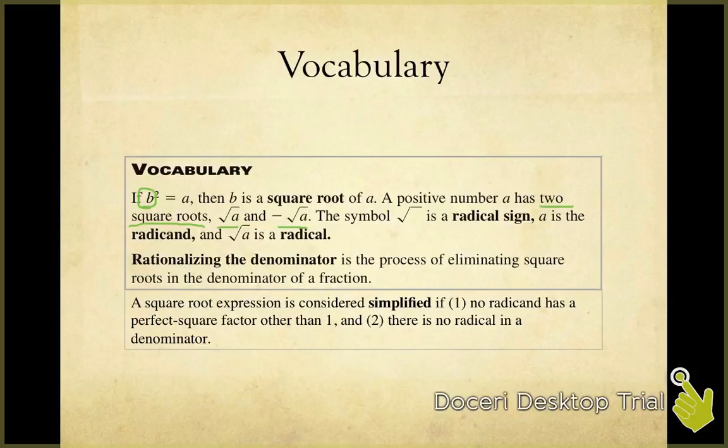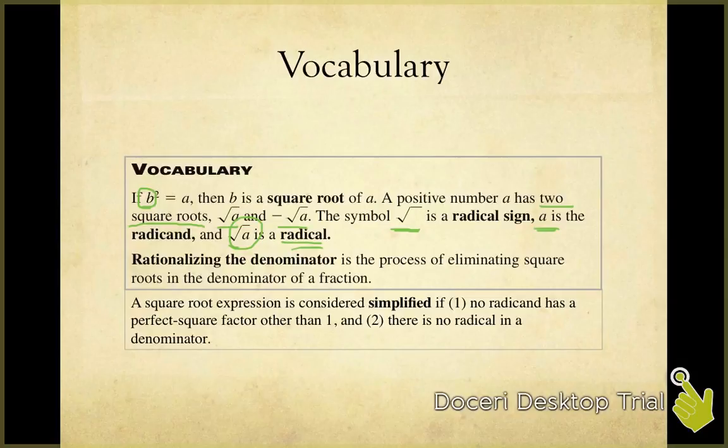Then they go on to just break down the notation for us a little bit. They tell us that this symbol is called a radical sign, that whatever is inside of that symbol is called the radicand, and all of it together is what we call a radical. Okay, so again, just some vocabulary so that you understand what we're talking about as we go through this lesson.